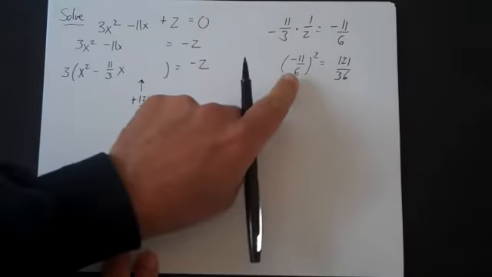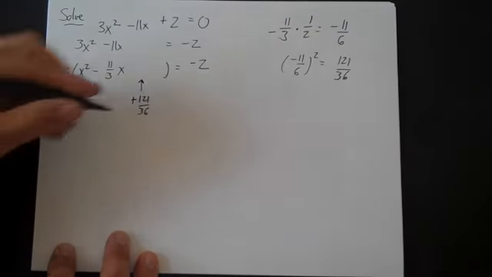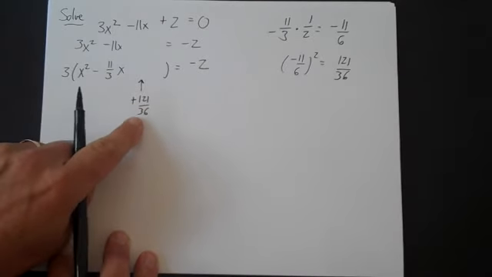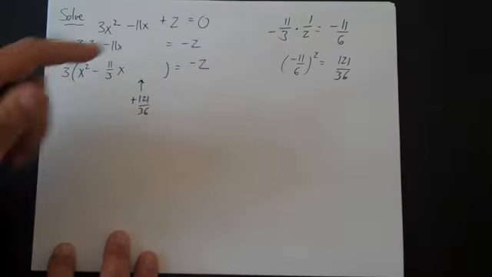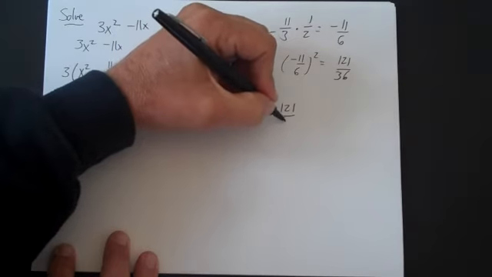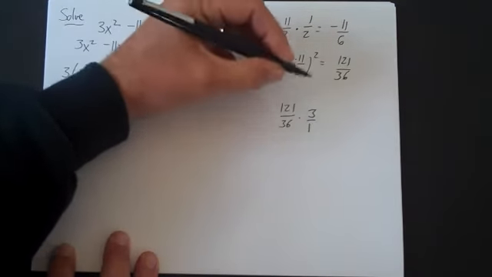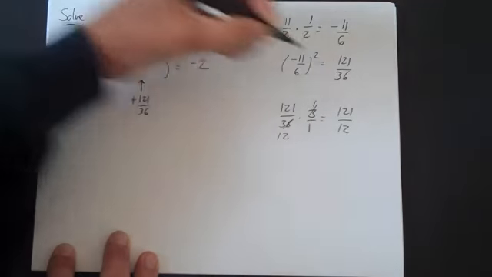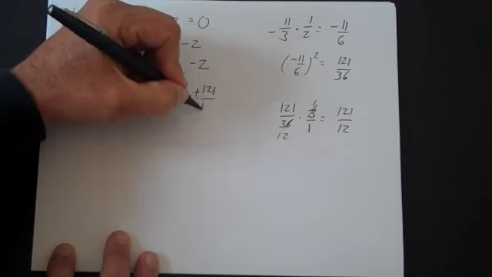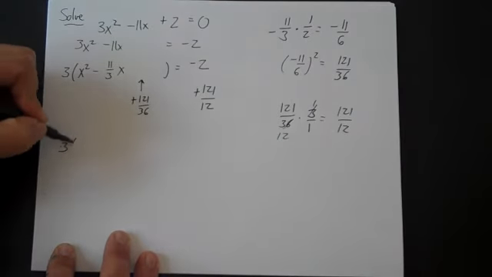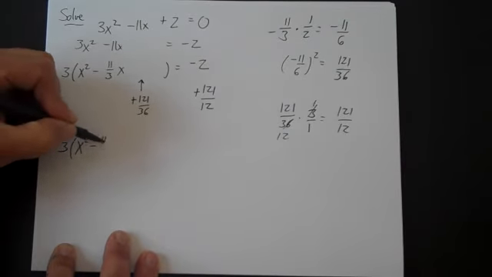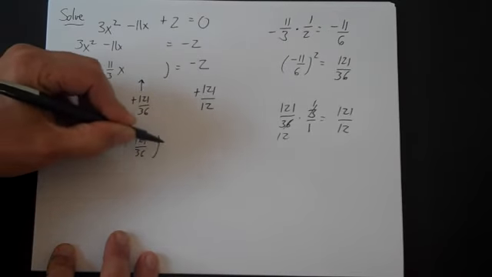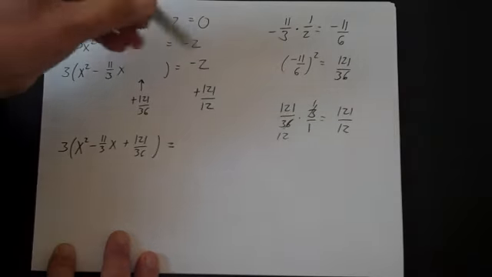Why is it adding? Because when you square a negative, you get a positive number. Now here you're going to add the same thing, except this is really not 121 over 36, but 121 over 36 times 3. 121 over 36 times 3, those cancel, and it becomes 121 over 12. So here we're going to add 121 over 12. And I'm just going to rewrite everything now. That's 3 times x squared minus 11 thirds x plus 121 over 36 is equal to, and I need to add these two fractions.